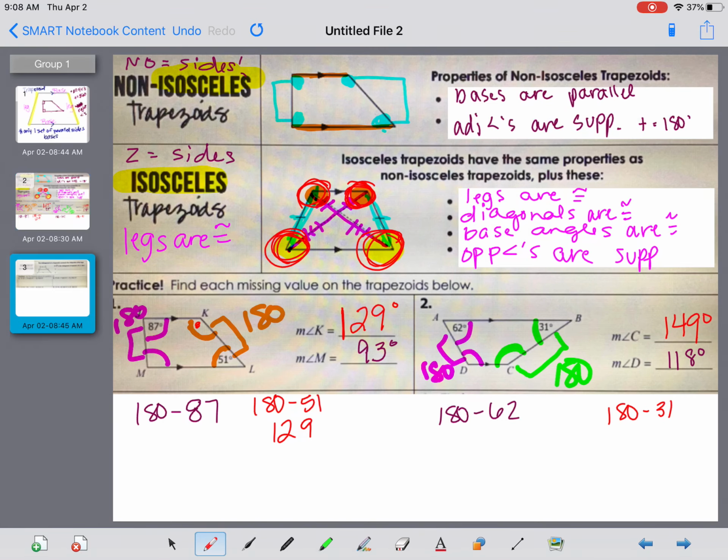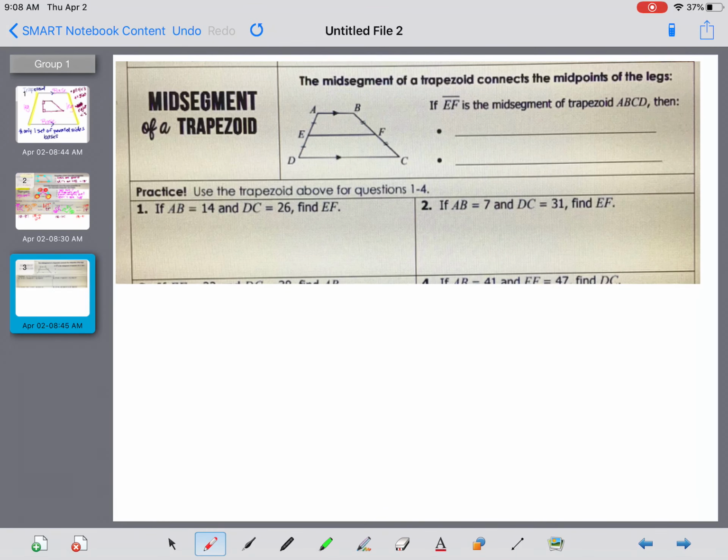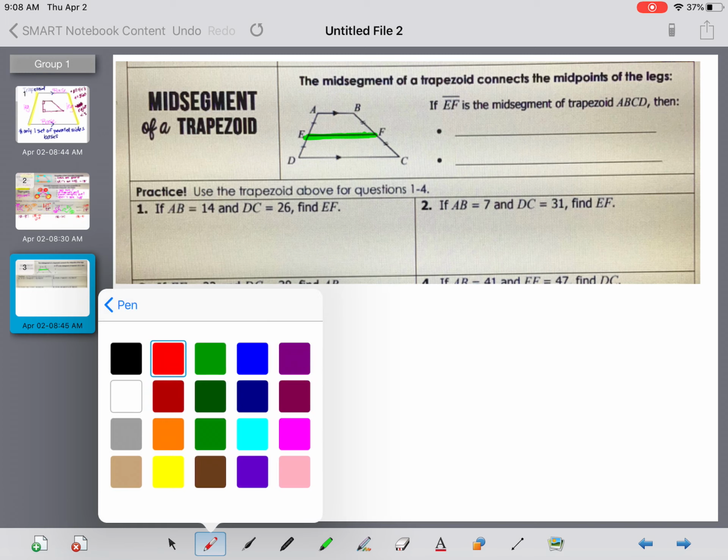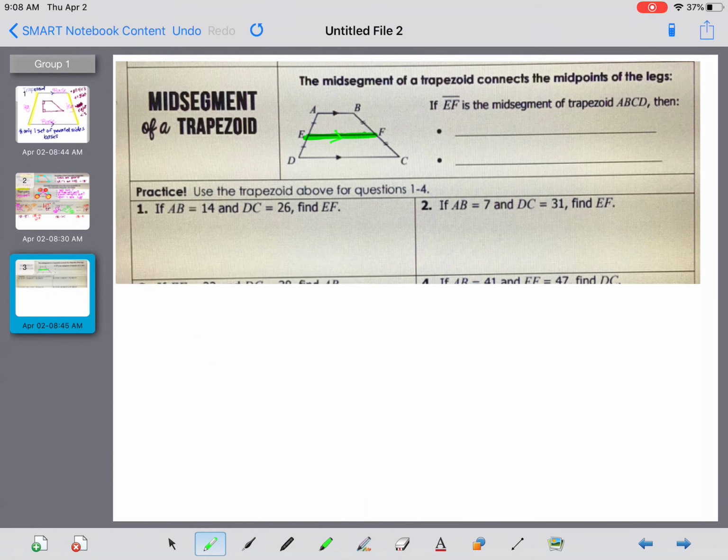All right, now let's talk about another important feature of a trapezoid, and that's called the midsegment of a trapezoid. Now, the midsegment of a trapezoid is the line that's drawn directly in the middle of the trapezoid and is still parallel to the bases, okay?